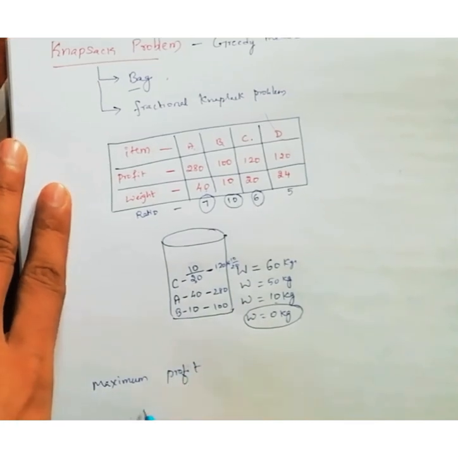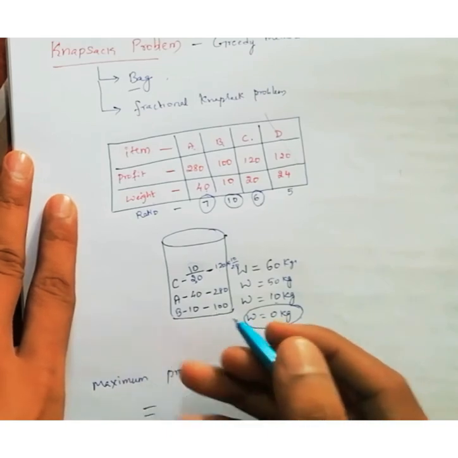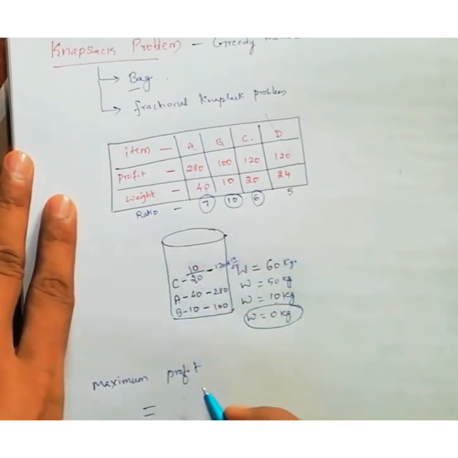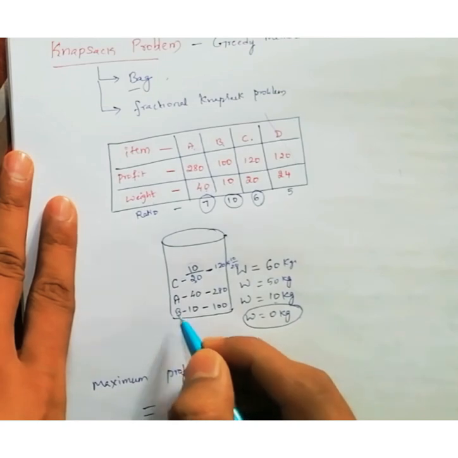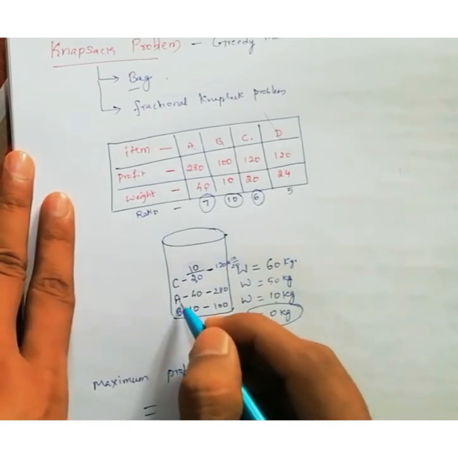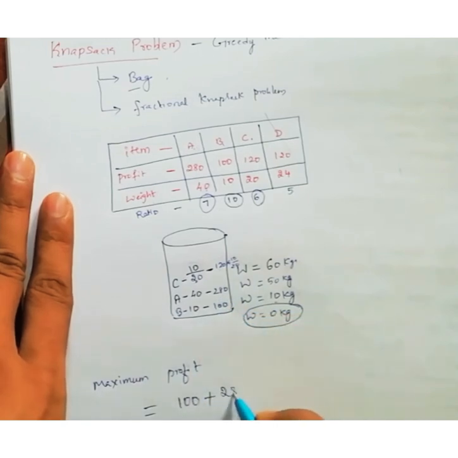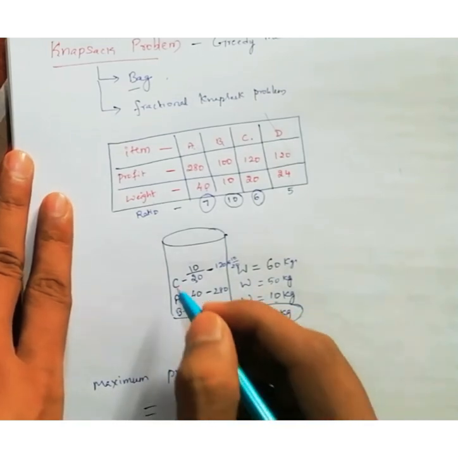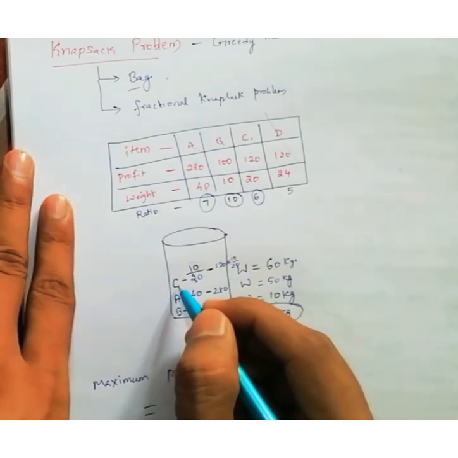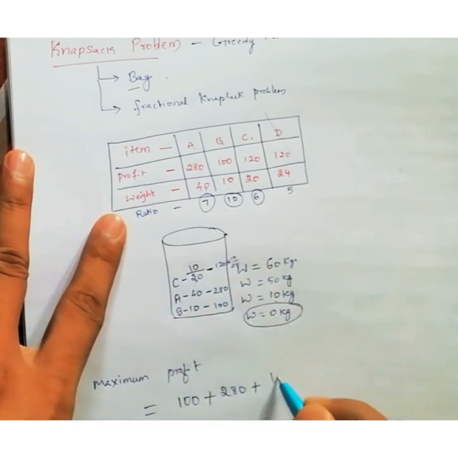The maximum profit is the summation of the profits of all the items we selected. What is the first item we selected? B, and the profit is 100, plus. The second item we store is A, and the profit from that is 280, plus. Next C, but we are not storing the full item here. We are storing 10 by 20.